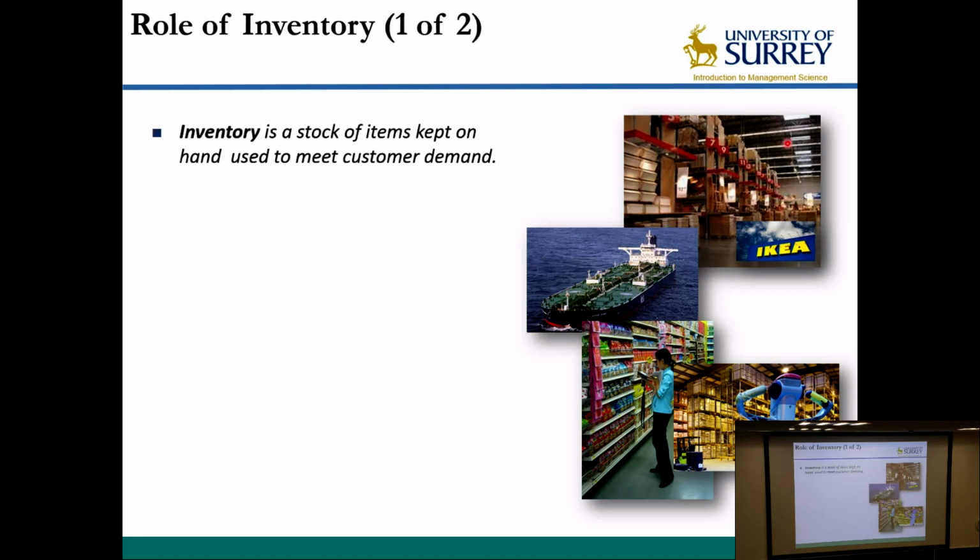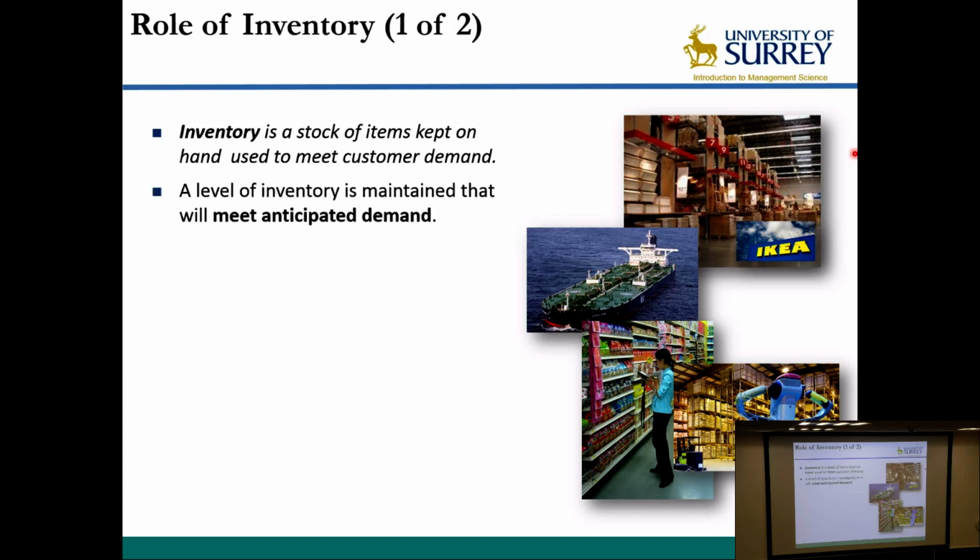So what is inventory and why do we need inventories? Apparently, to meet the customer demand immediately. If you go to IKEA and buy something, you can immediately get what you want. Maybe you want to buy huge furniture. That's fine. We have a warehouse here, so you can take it immediately by yourself, or you can ask IKEA to deliver for you. So we can immediately meet the demand.